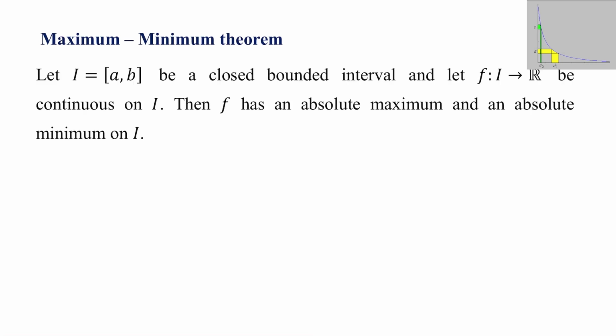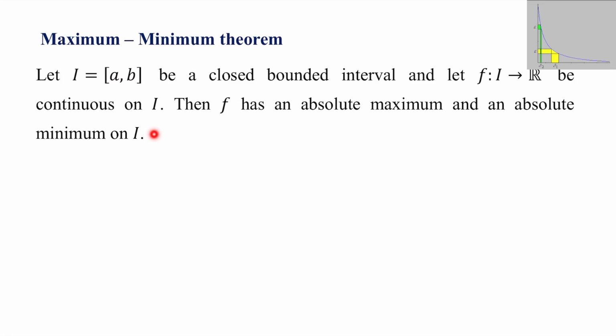So the statement says that let I equal to closed interval AB be a closed bounded interval, and let f from I to R be continuous on I. Then f has an absolute maximum and an absolute minimum on I. So whenever we are considering a continuous function on a closed bounded interval, then surely it will attain an absolute maximum as well as absolute minimum.